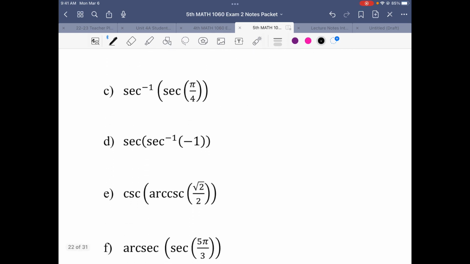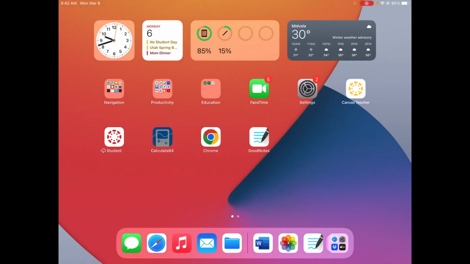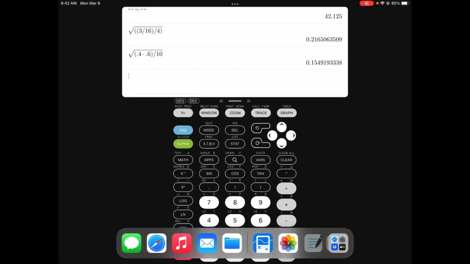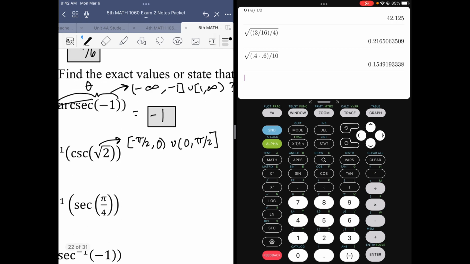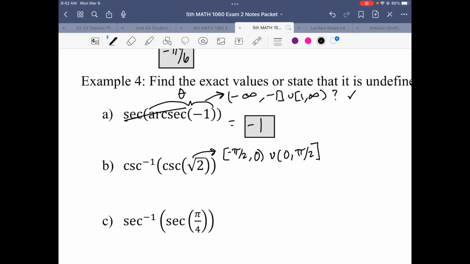I'm going to go ahead and pull up a calculator for you guys. So the question is, does root 2 fall in this range? So let's check. The square root of 2 is about 1.4. Pi halves is 1.5. So it is within this range, but just barely. So these cross out, and the answer is the square root of 2.